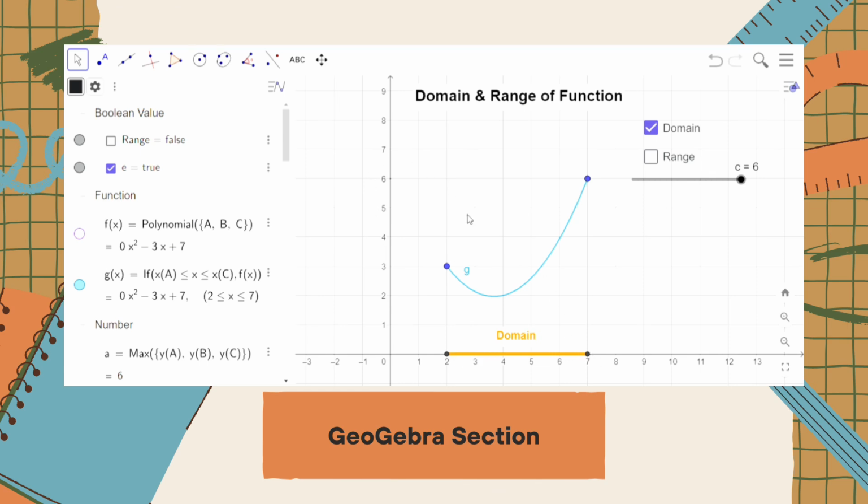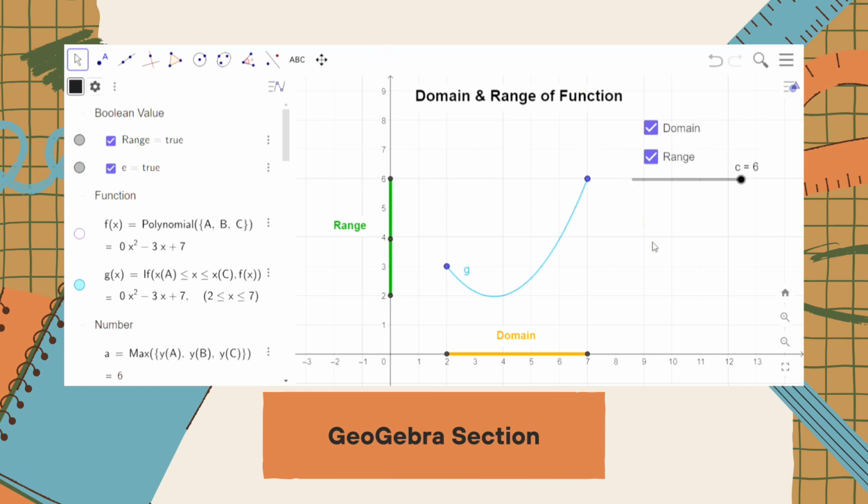So the range will be, here we can see the highest point of the graph is y equals 6, and the lowest is 2. So the range will be y is more than or equal to 2, but less than or equal to 6.